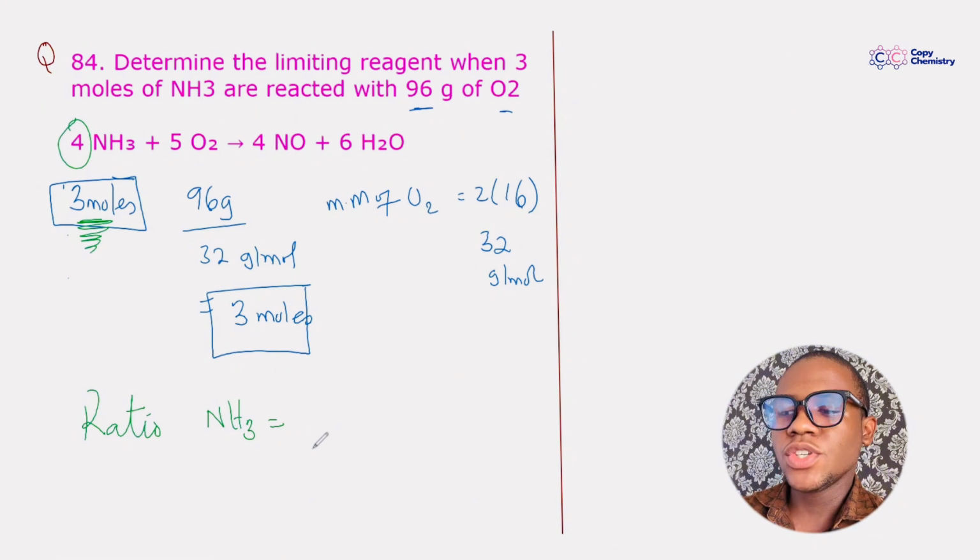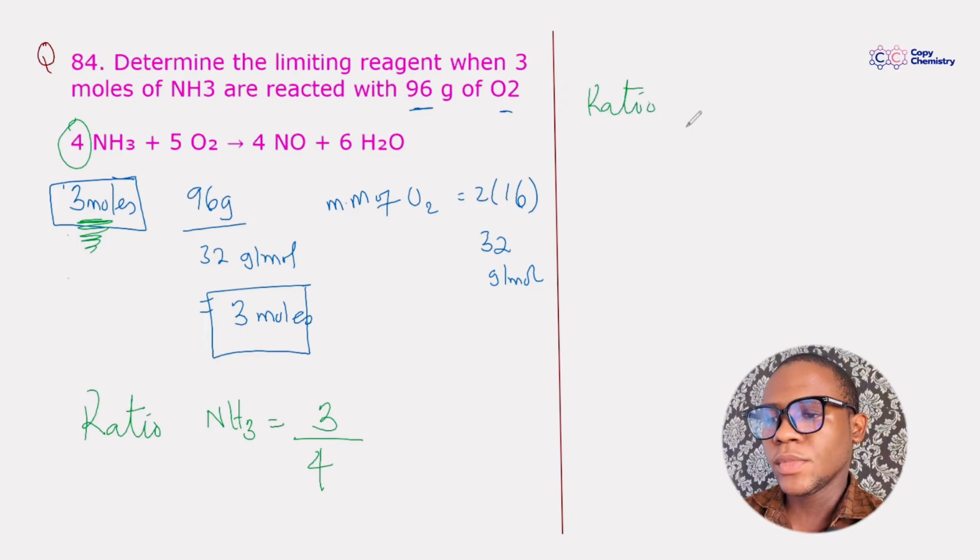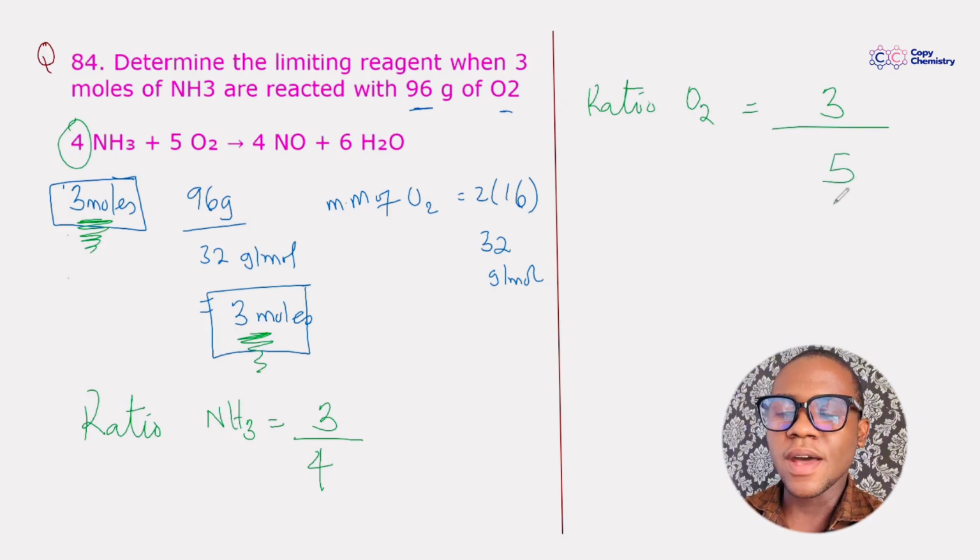So the ratio of ammonia is going to be 3, the number of moles of ammonia, divided by the stoichiometric coefficient, 4. That's it. How about the ratio for the other one, oxygen? It is going to be the number of moles of oxygen, 3, divided by the stoichiometric coefficient, 5.